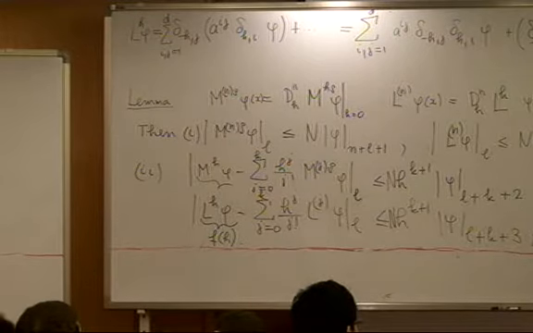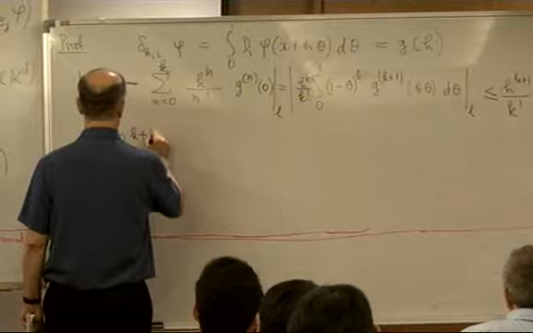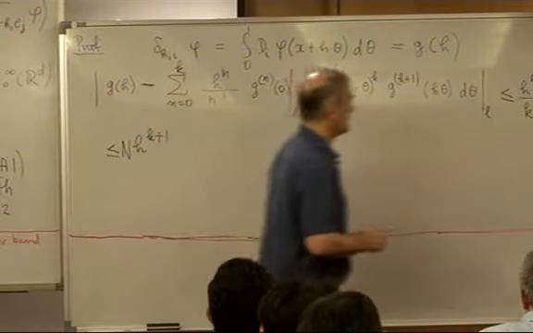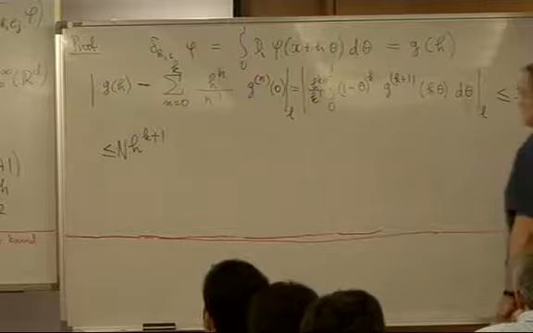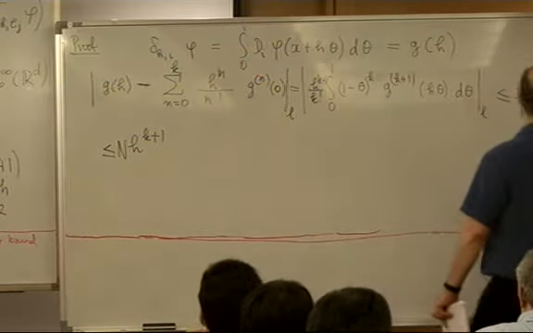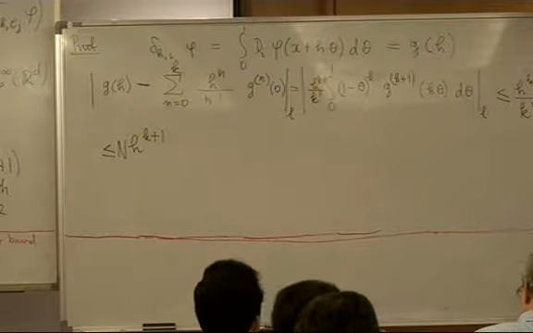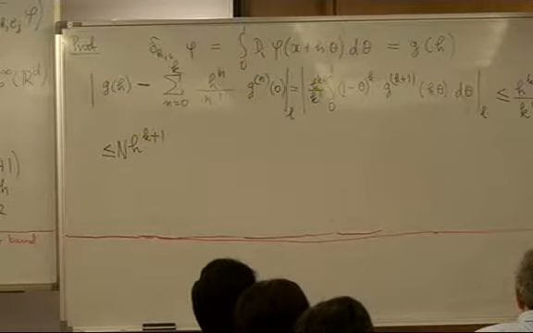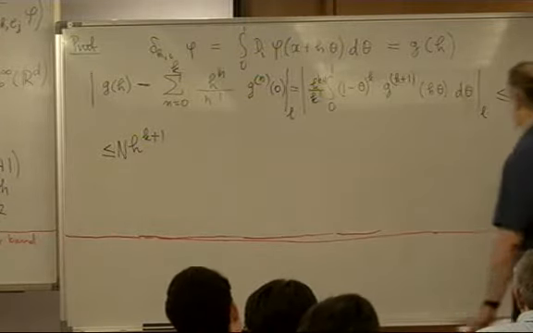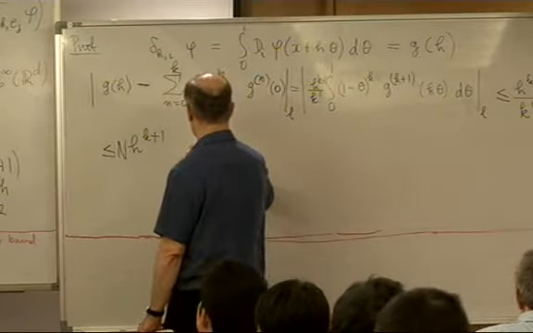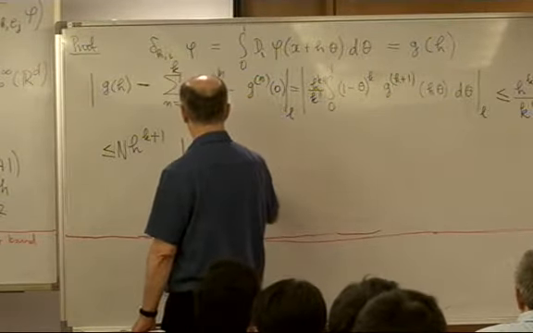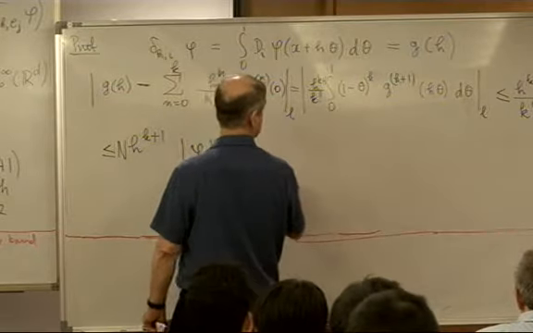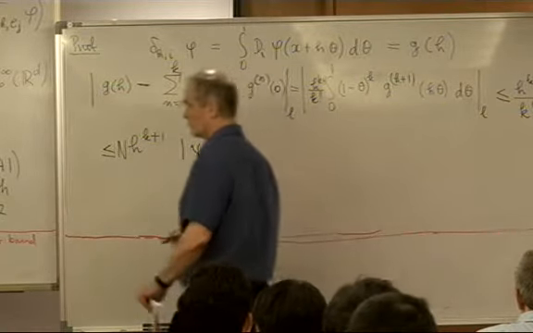So therefore what we get is that this is less than or equal to h^(k+1) times a constant, and here we have the (k+1)-th plus L derivative, plus 1, so we get that it is less than phi, k plus L plus 2.